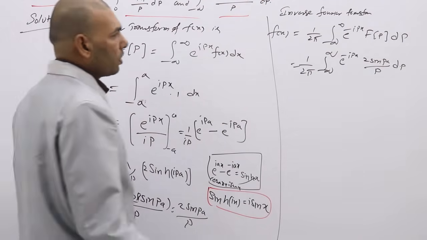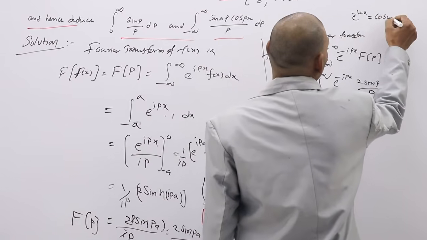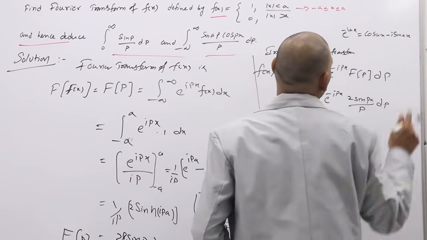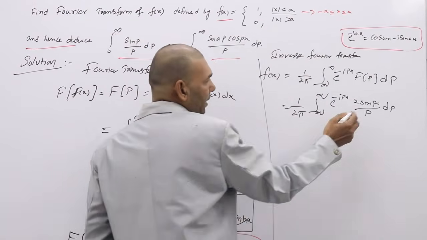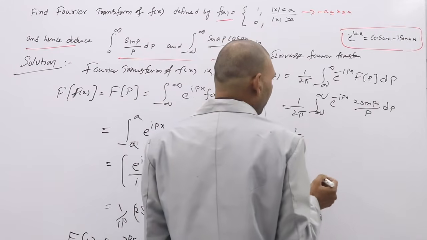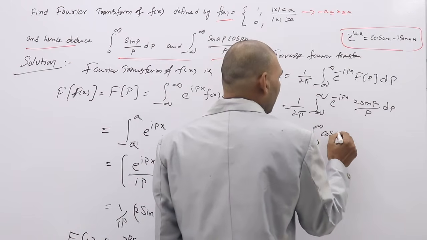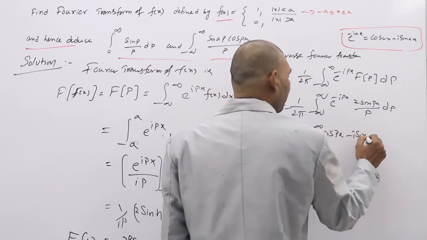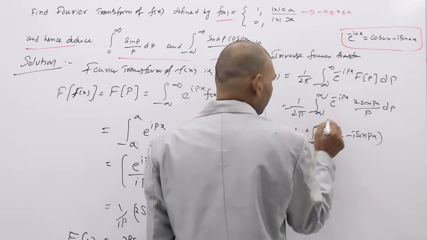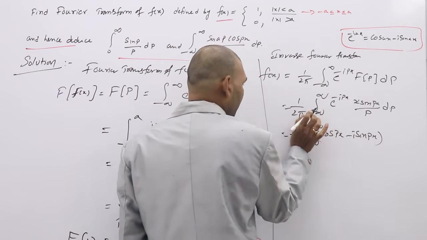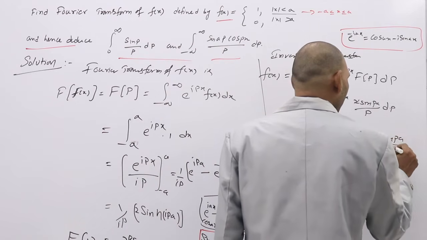Now e^(-iax) is cos ax minus i sin ax. This is a standard formula. Using that formula, we write this as 1/(2π) times the integral from minus infinity to infinity of (cos px minus i sin px), and you can cancel the 2 here itself, giving 1/π (cos px minus i sin px) sin(pa)/p dp.